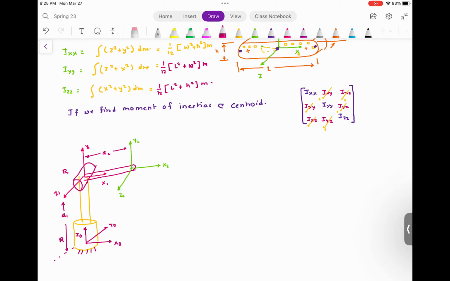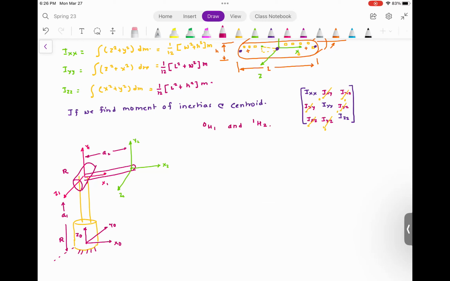Now, if you recollect, we have solved this type of problem in the past. What we want to do now is solve the dynamical equations of motion. I want to find the equations that describe the dynamics of this robot. So first and foremost, I will have to solve the forward kinematics. Remember, we talked about forward kinematics, 0H1, 1H2. So I need to find 0H1 and 1H2.